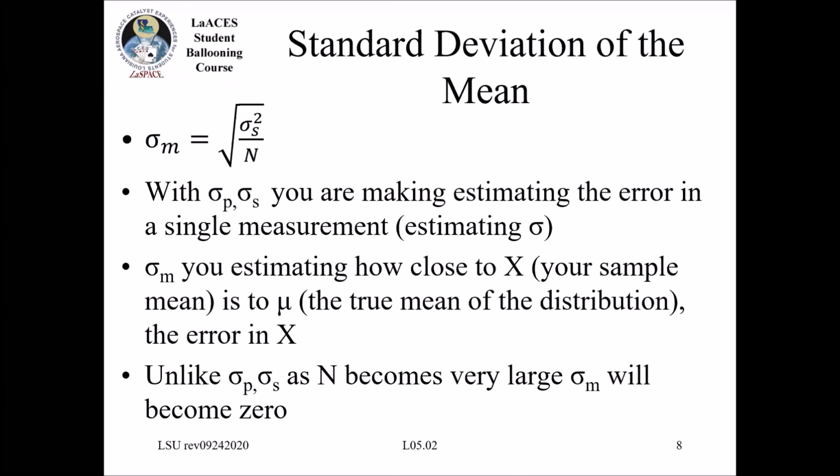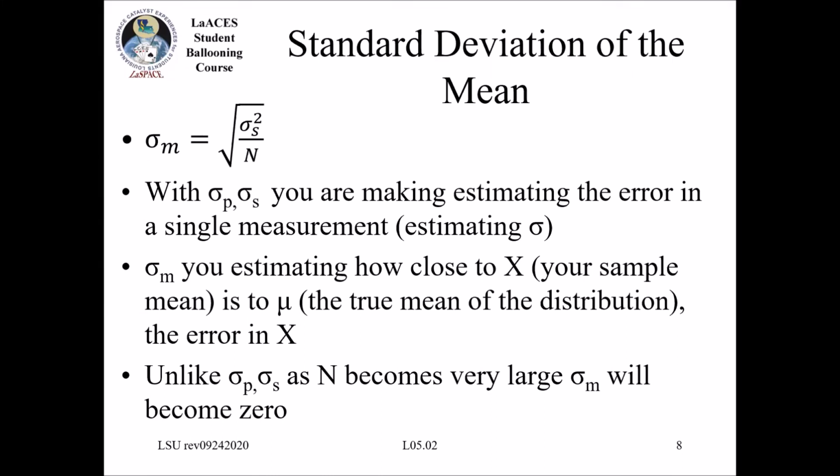This instead tells you how close your sample average is to the true average. So it's telling you the error in your mean. If I take several measurements and take the average of them, this is the error in that mean, hence standard deviation of the mean.